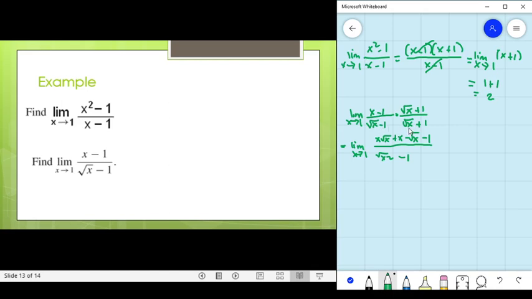Next is negative 1 times square root of x is negative square root of x. That would be 0 na.